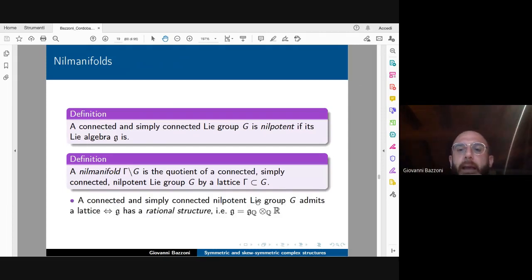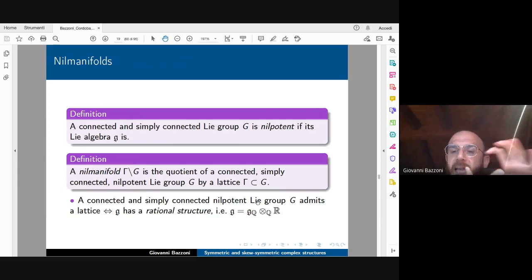And there is a very successful criterion to say when a connected and simply connected nilpotent Lie group admits a lattice, and this happens exactly when G has a rational structure. So when the Lie algebra of G, which is a real Lie algebra, is actually obtained by extending coefficients from a rational Lie algebra.